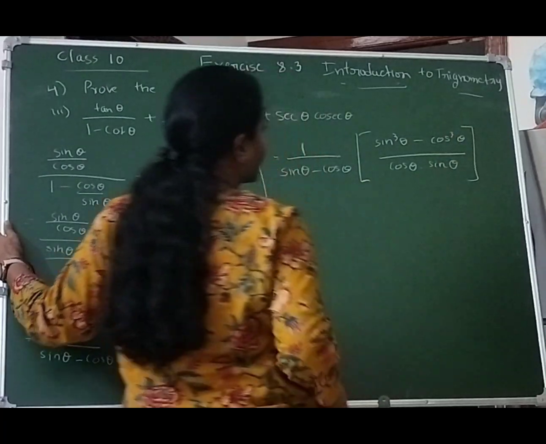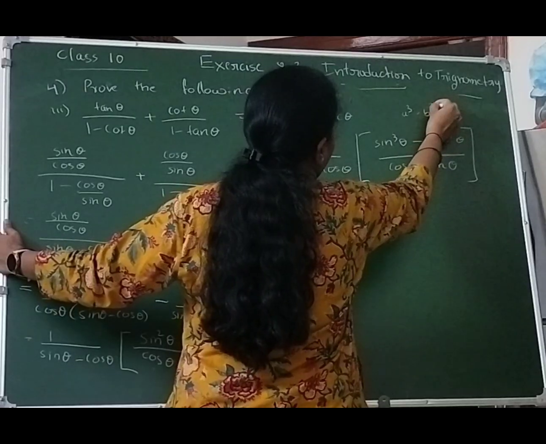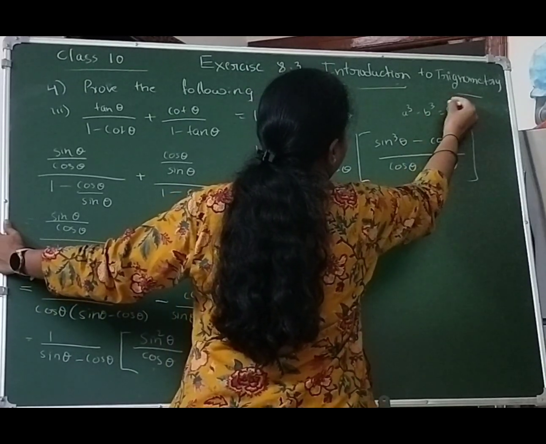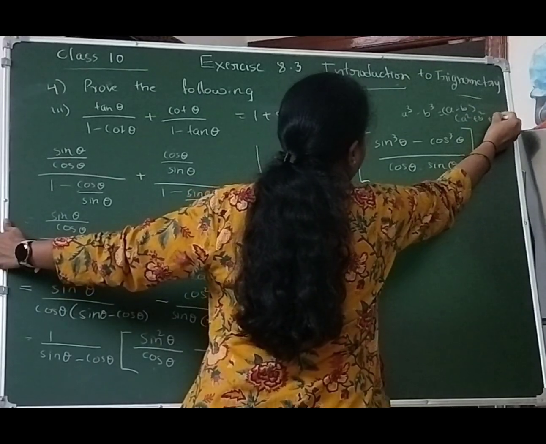So the numerator, we can observe it is in the form of a³ − b³, that is equal to (a − b) into (a² + b² + ab).